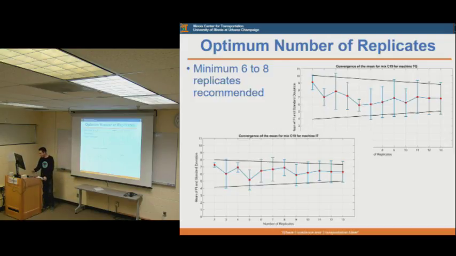So from here, we can conclude that a minimum of 6 to 8 replicates is recommended, since the mean of FI and standard deviation converge after 6 replicates.